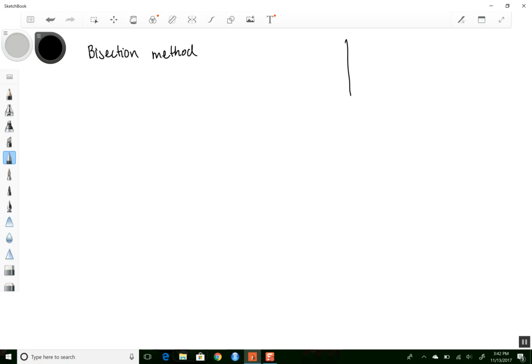Just imagine you get something that looks like this, and your two points go from here to here, then the secant method will take you way far away. So that's a possibility. The bisection method, on the other hand, is guaranteed to work, as long as f of x is continuous.